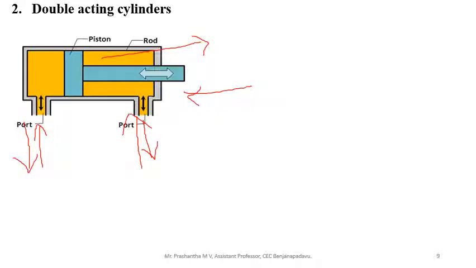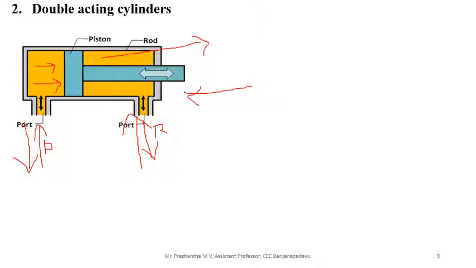See, during extension, this port is connected to the pump. The force of the liquid acts like this. The extension of the piston happens. Here the liquid accumulated at the piston rod end will travel towards the reservoir. Okay, this is the extension stroke.